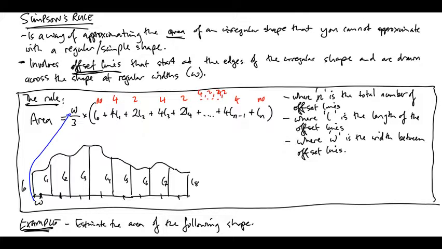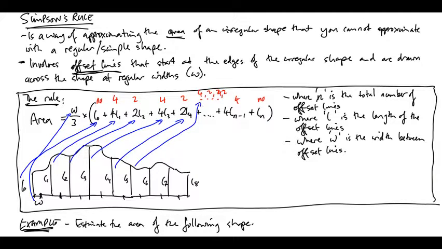Length 0 is going to be however long that line is. Length 1 is going to be multiplied by 4 there. Length 2 is going to be multiplied by 2 there. Length 3 is going to be multiplied by 4. Length 4 multiplied by 2. Here's the in-between bit, so length 5 would have to be multiplied by 4. Length 6 would have to be multiplied by 2.